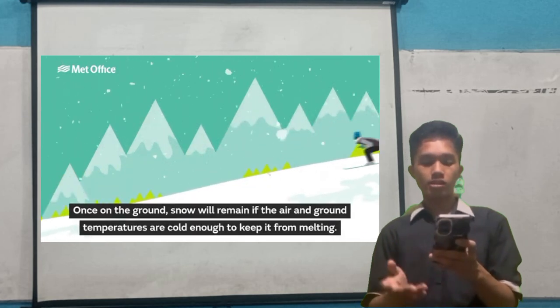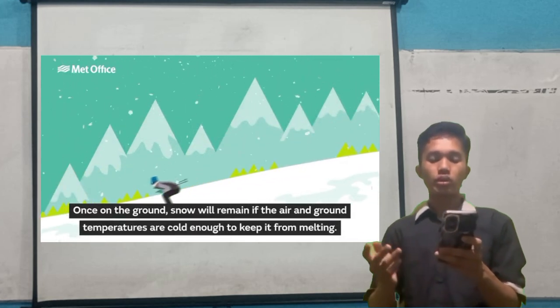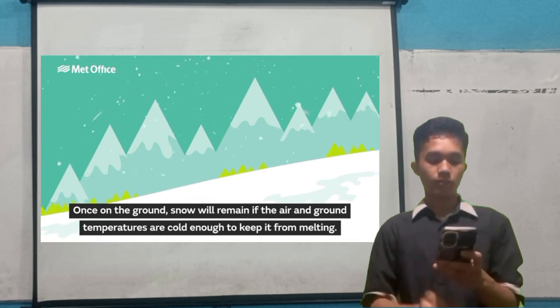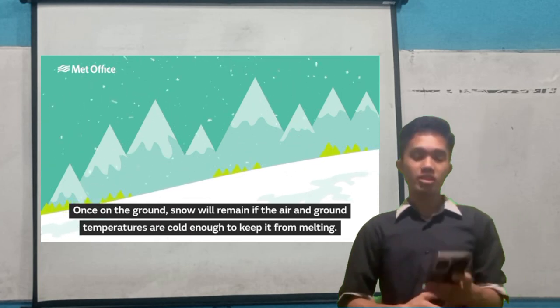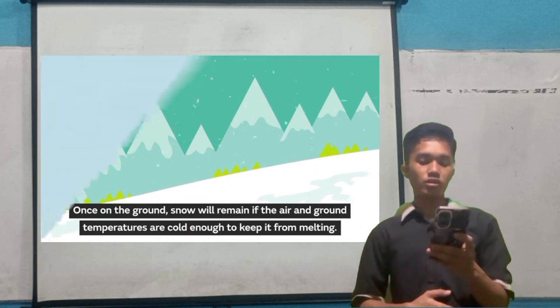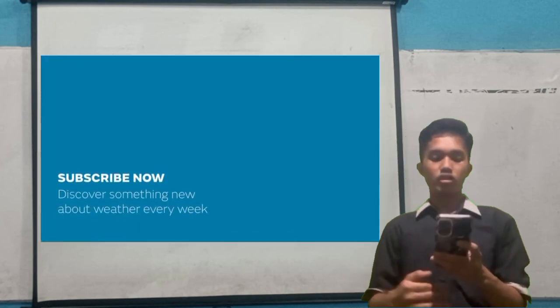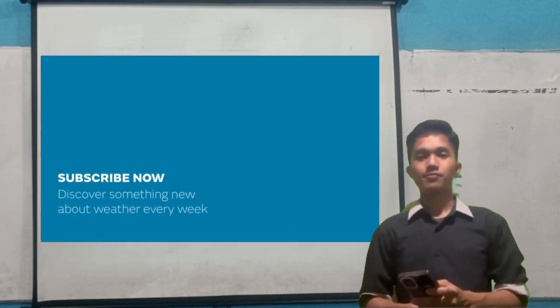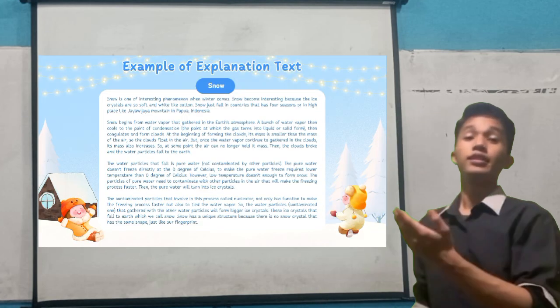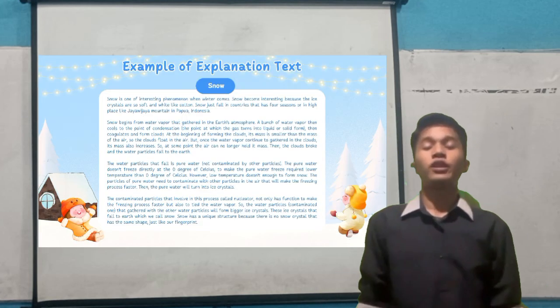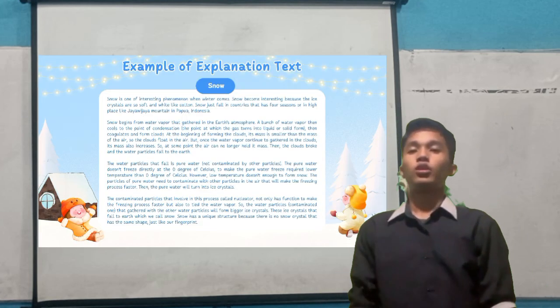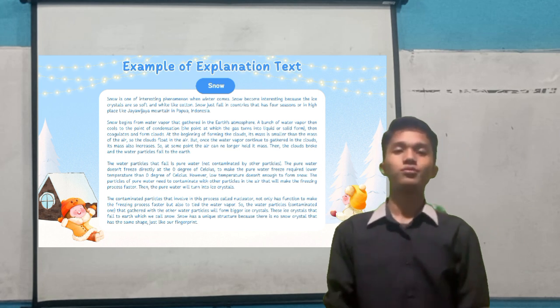These ice crystals that fall to the earth are what we call snow. Snow has a unique structure because there are no snow crystals that have the same shape, just like our fingerprints. This is the example of explanation text with the title Snow.